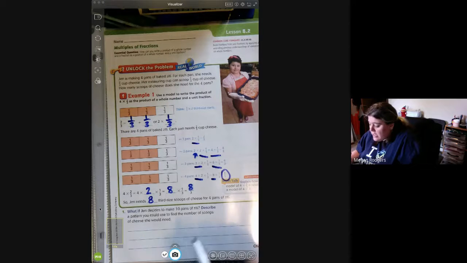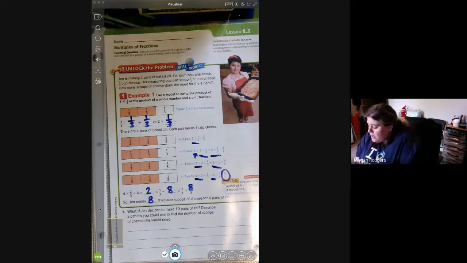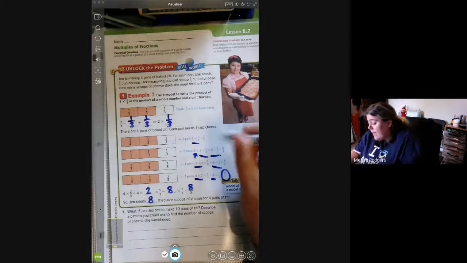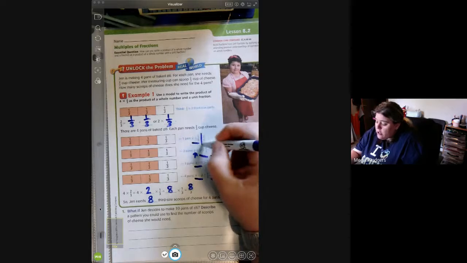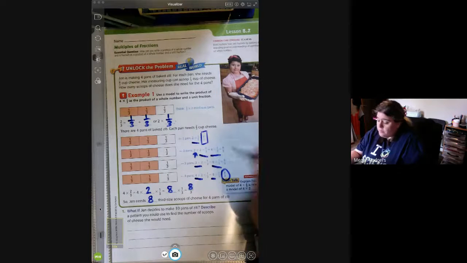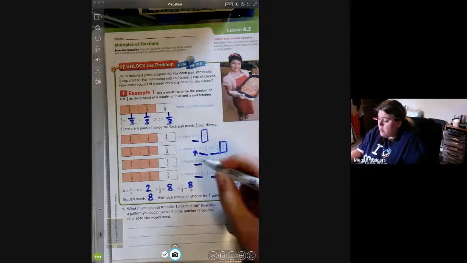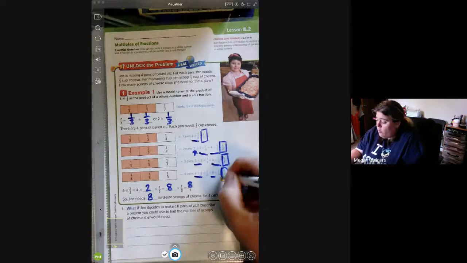All right, so it says Jen decides to make 10 pans of ziti. Describe a pattern you could use to find the number of scoops of cheese she would need. Well, if we go back and look at, for 1 pan, she needed 2/3. 2 pans was 4/3. 3 pans is up to 6/3. 4 was 8.